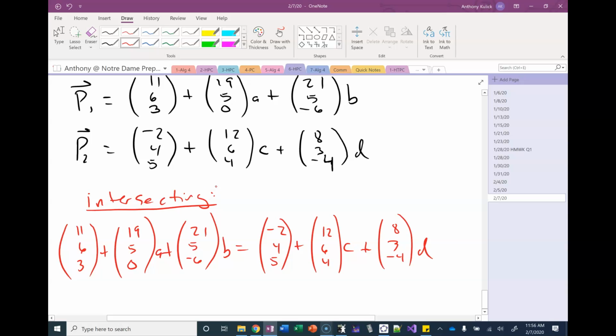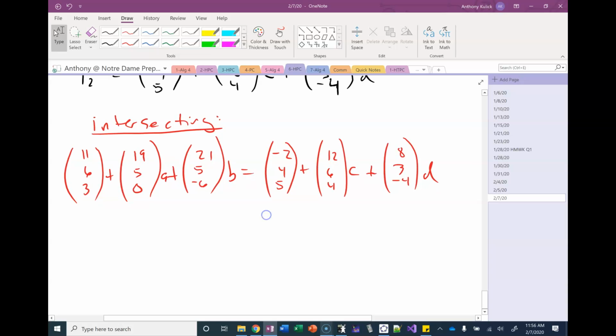And I'm not going to put a question mark after the intersecting here because we know that these two planes intersect. That's kind of the assumption for this kind of problem. The only situation you're responsible for is when they actually intersect. So this is going to generate a system of three equations.